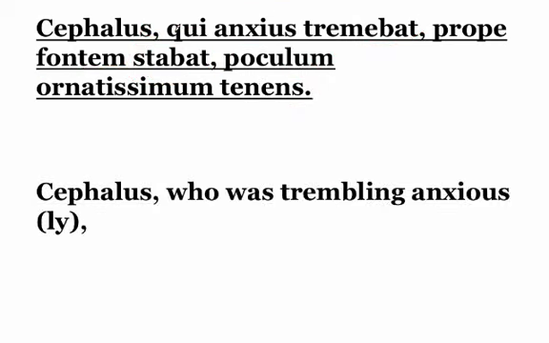Cephalus, who was trembling anxious, understood anxiously. Why is he trembling anxiously? Let me remind you the story, people. Remember what we read just before we went into distance learning? Cephalus was tasked by Memor, who was tasked by Salvius, to deliver a poisoned cup to Cogidubnus. And guess what? That cup is here.